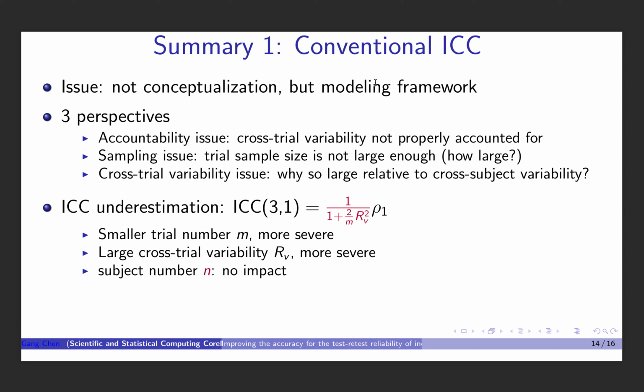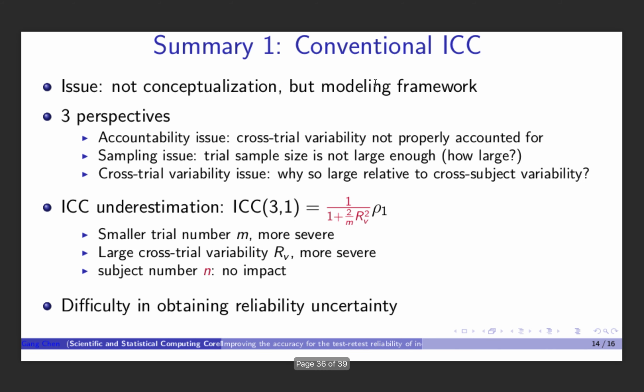They also play an important role for the variability uncertainty. Even if we adopt hierarchical modeling, those two parameters are still important. On the other hand, the subject sample size doesn't play any role in the underestimation. It does play a role for the uncertainty of the variability estimate.